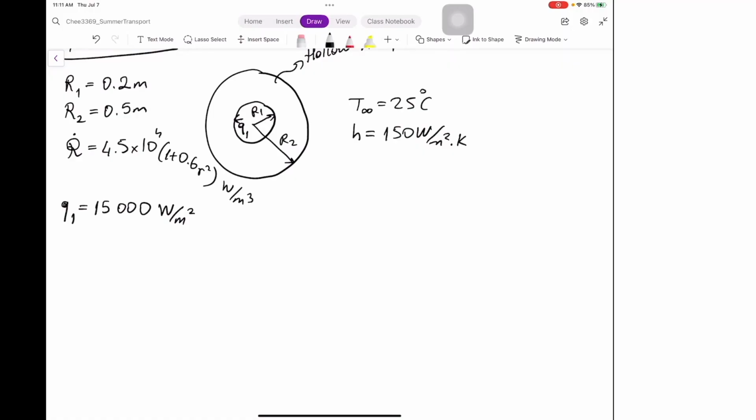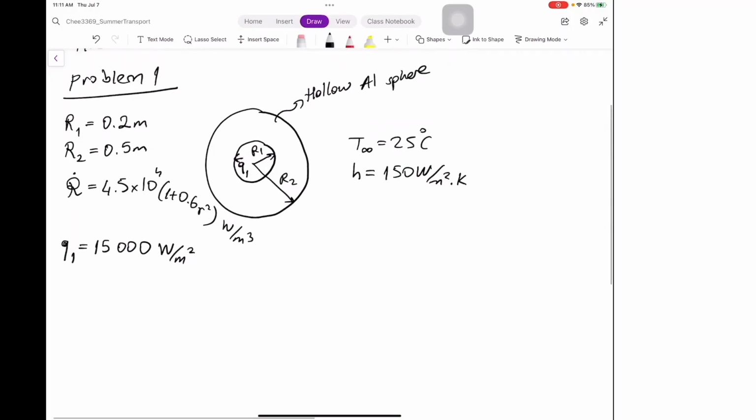Now, here's an important part of this problem. You don't know what's happening inside, right? So it's like a black box to you. It's a hollow. You don't know what's happening. But just to give you a clue, you're given the heat flux there. You are given actually one boundary condition, which happens at R equal to R1.